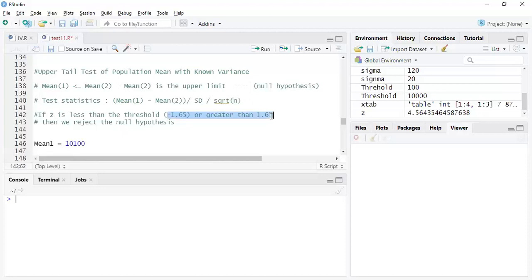This is a theoretical distribution, the t distribution basically. If you look at the theoretical table, you'll find that at the 95% confidence level, these are the thresholds. It's nothing but 1.65 standard deviations from the mean. It's as simple as that.